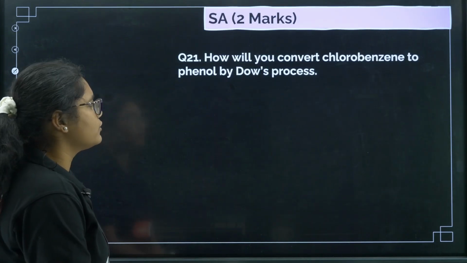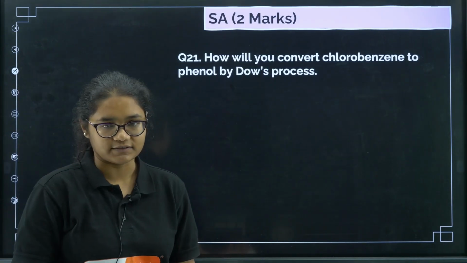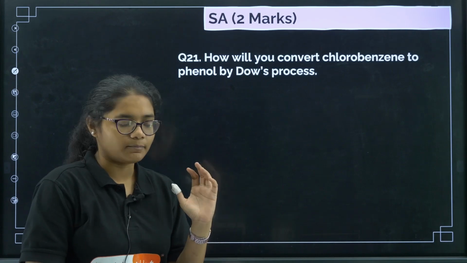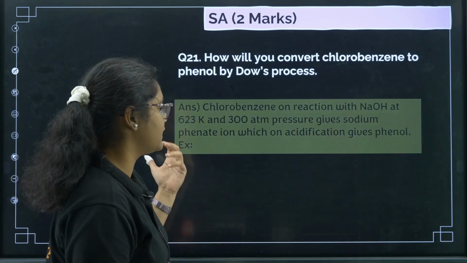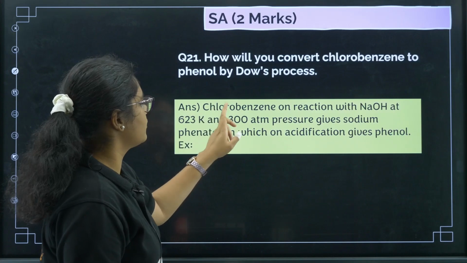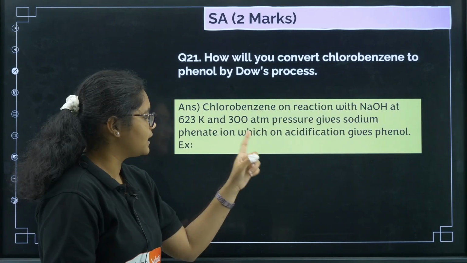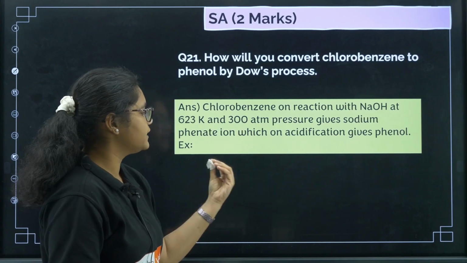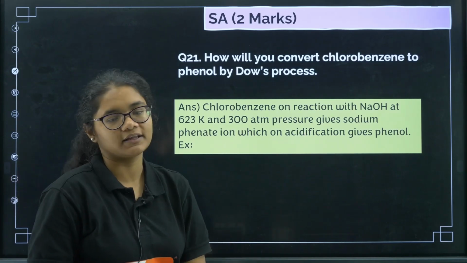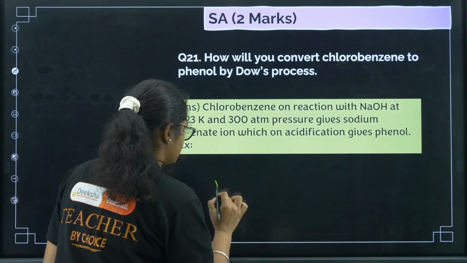Next, question number 21. How will you convert chlorobenzene to phenol by Dow's process? If you remember, 623 Kelvin and 300 atm pressure. Chlorobenzene on reaction with NaOH at 623 Kelvin and 300 atm pressure gives phenate ion, which on acidification gives phenol. So you just need to write the reaction here.